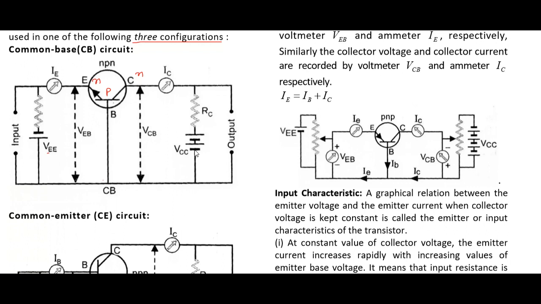So in this way, emitter base junction is forward biased.